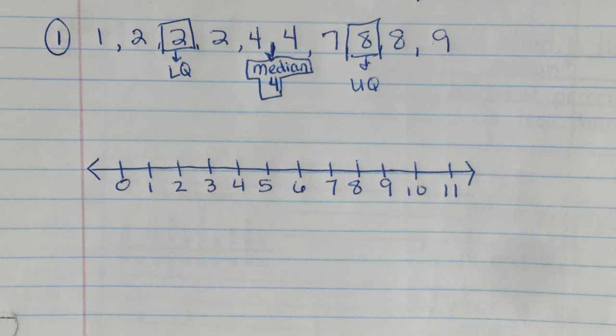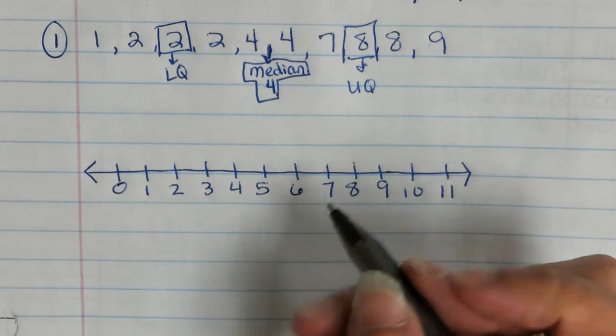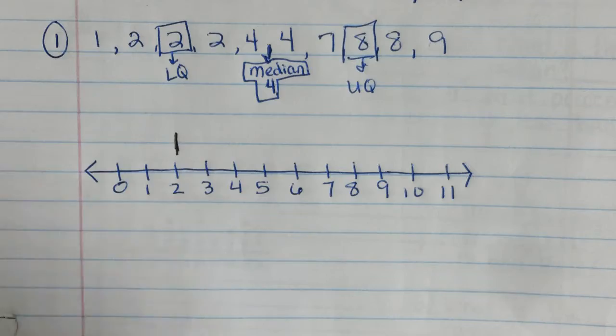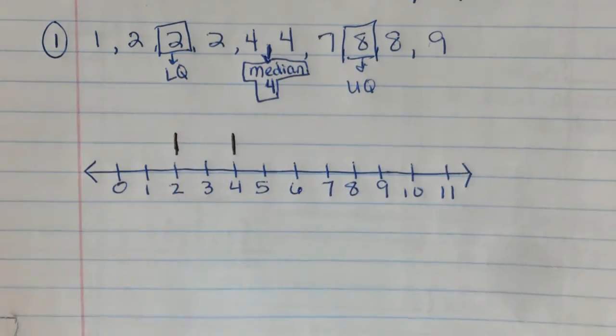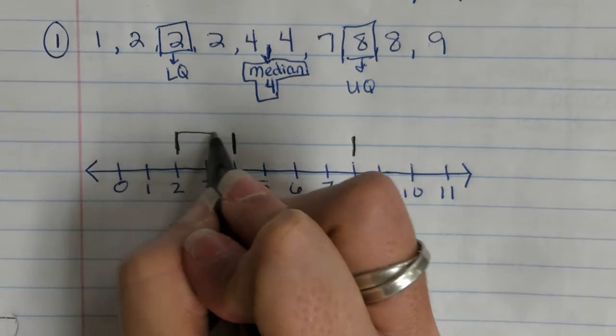Okay. Now, to make a box and whisker plot, I know I need the 3 middle lines, which are the LQ, median, and UQ. So I'm going to put a little line at the 2, a little line at the 4, and the 8. Connect them.